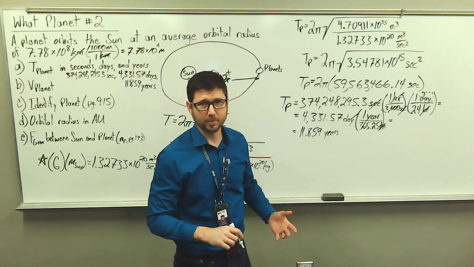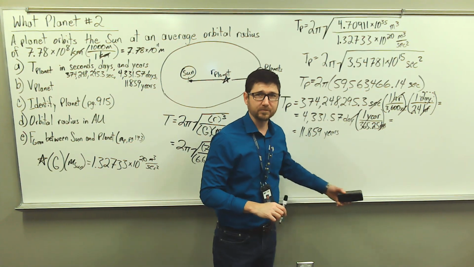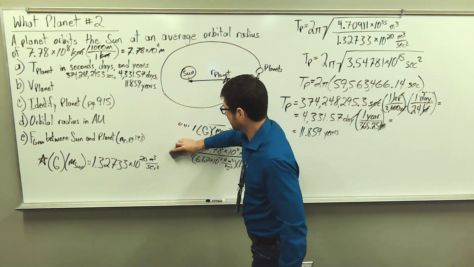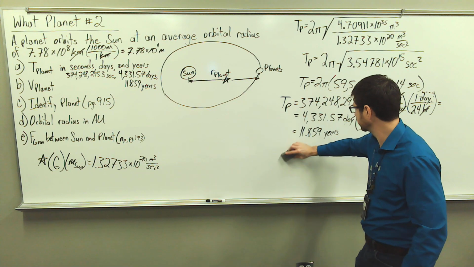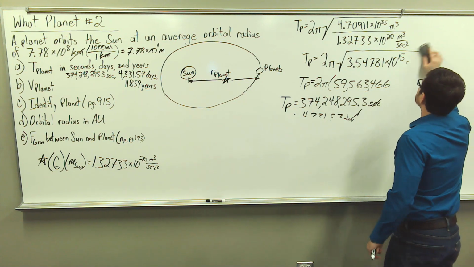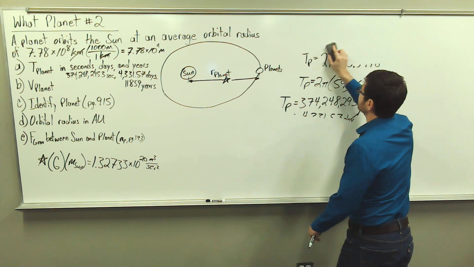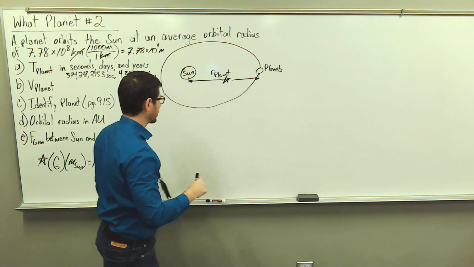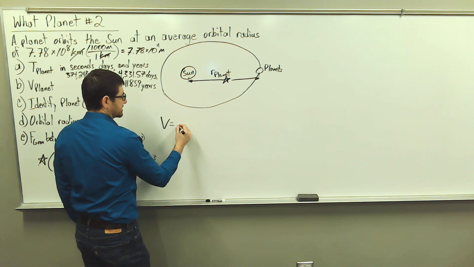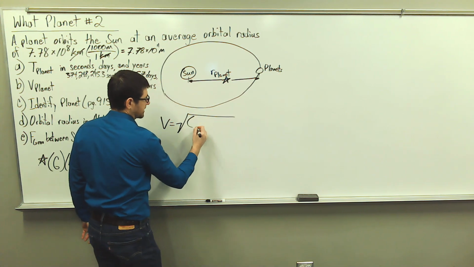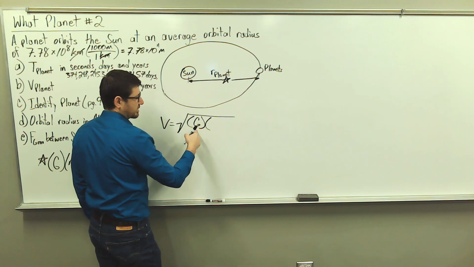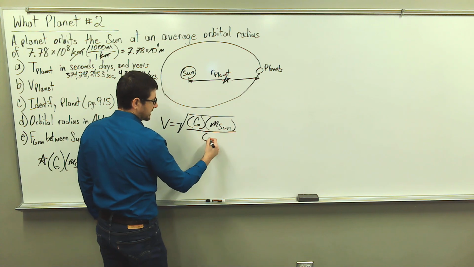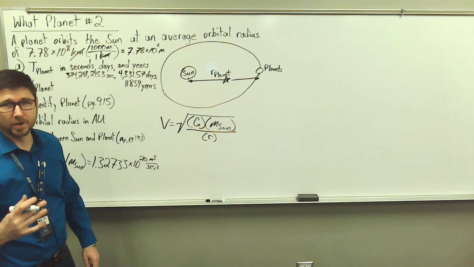Now we need to take care of part B, calculating the average orbital velocity of our unknown planet. So I'm going to go ahead and erase the work that we've done so far. Okay, I'm going to use the base equation for average orbital velocity, which is equal to the square root of the product of the universal gravitational constant and the mass of the sun divided by the average orbital radius of our unknown planet.